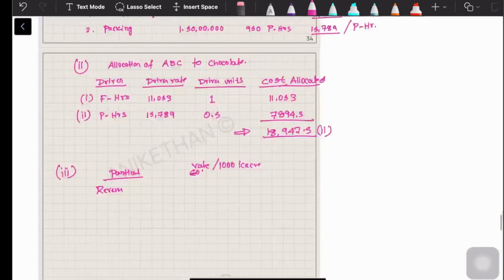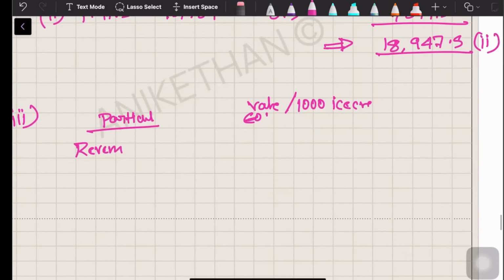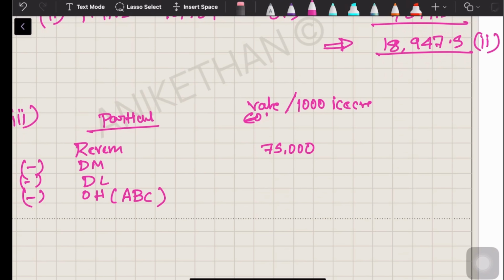So we will compute the values for 1000 ice creams of chocolate. Selling price is 75, so revenue is 75,000 rupees minus prime cost, direct material and direct labor of chocolate ice cream, and then overhead based on ABC.